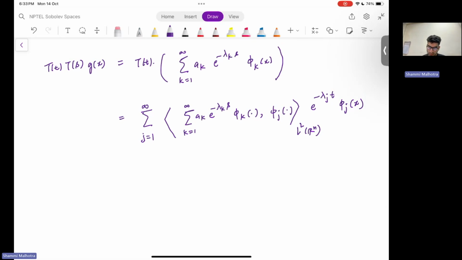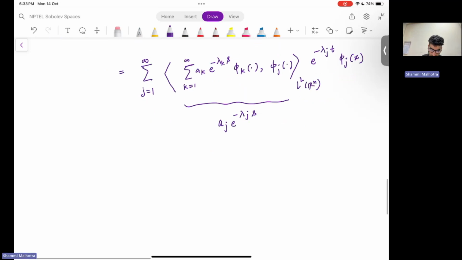All the terms will vanish except when K is equal to J. So I can write this as A_J e^(-lambda_J s), and then we have this inner product of phi_K and phi_J, but these are orthonormal, so this will be just one only.